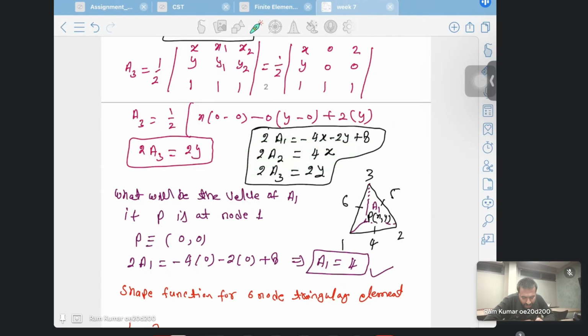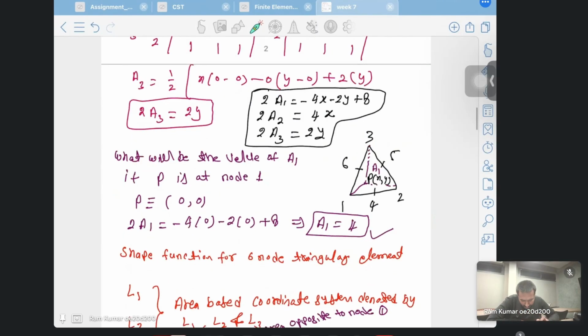So after getting these areas, we can verify whether this is correct or wrong. Once we move the point P to the nodal points, the area of the triangle will be the full area, correct? This is one way of verifying whether the area we got is right or wrong.